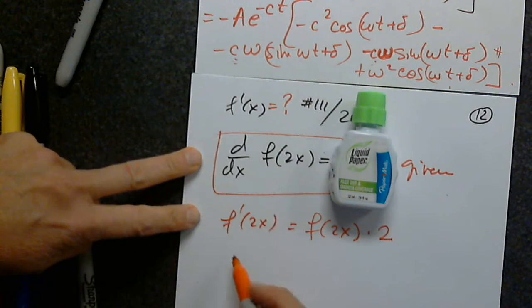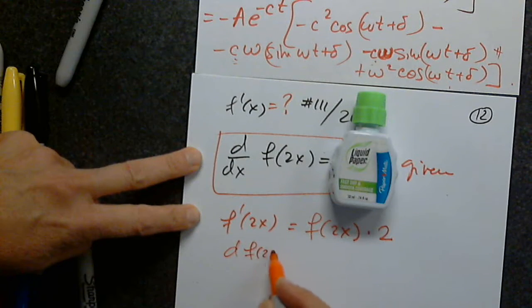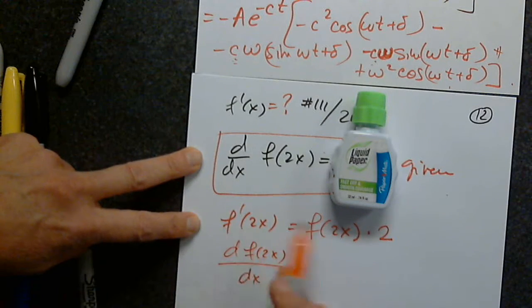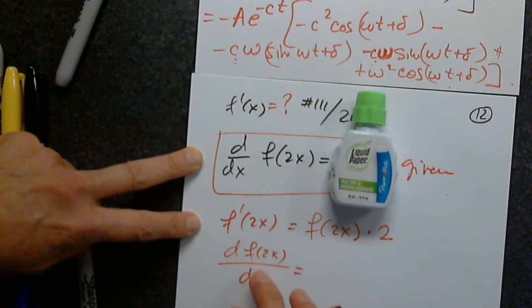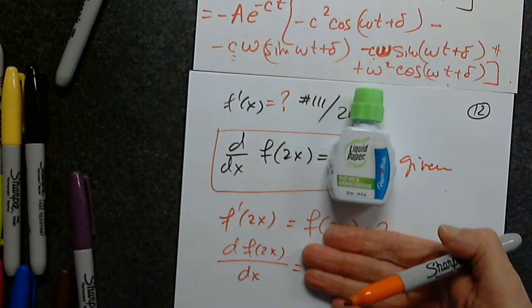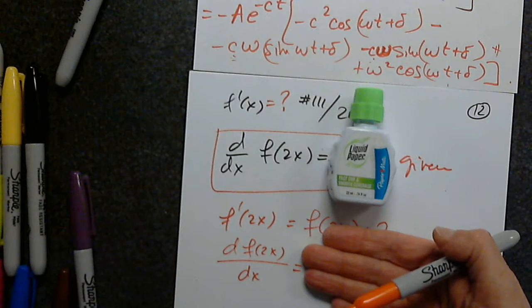So the derivative of f of twice x with respect to x will be f prime. I didn't write it correctly. So when I differentiate this, I get f prime of 2x times 2. Okay. So I'm asked to find the derivative of a function of 2x.